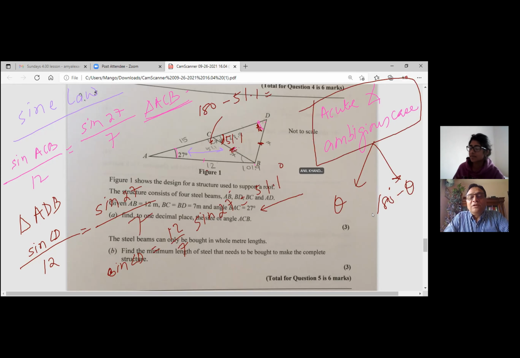Sine law is being applied here in the given situation. Now you have to make a judgment. They are asking to find the angle ACB, which should be the other angle, the obtuse one. Is that clear to you? So that is how you're going to answer this question, right?